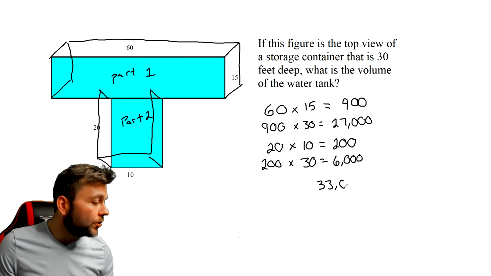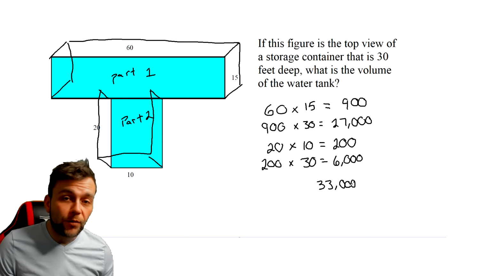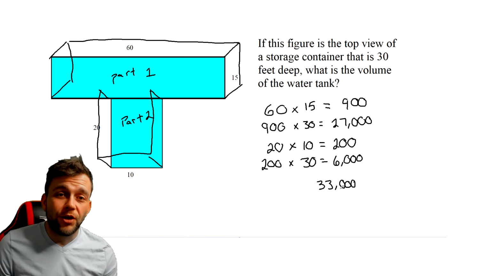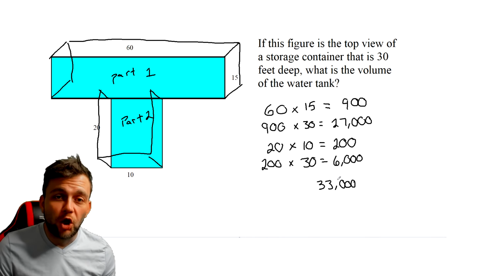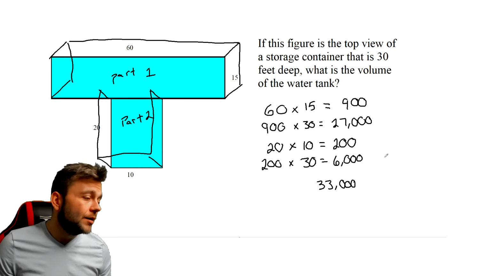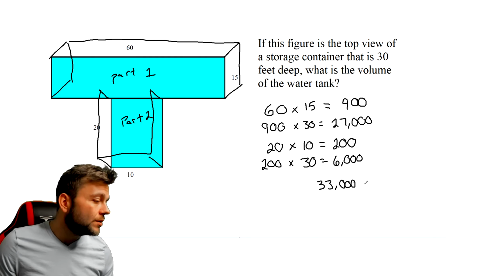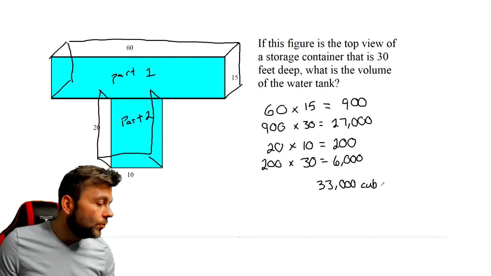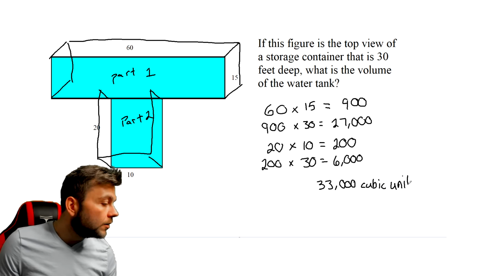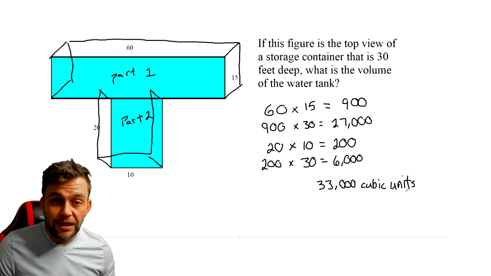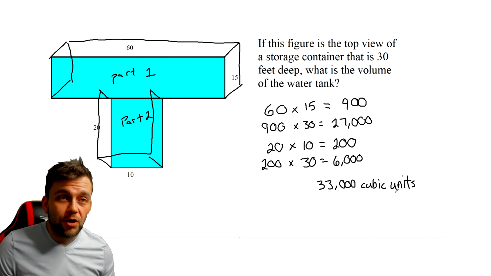So the volume of this area is 33,000, but remember, for volume, your unit of measurement is cubic units, or units cubed, whatever you prefer. So if this was in feet, it would be cubic feet.